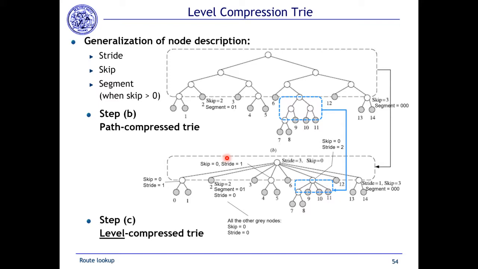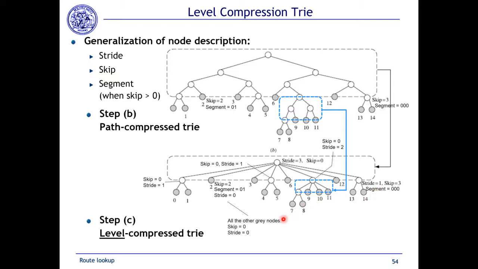Now we can generalize this indication of a skip, stride, and segment to all the nodes. When we just have the multibit compression, we will have a certain stride and skip equal to 0. When we have instead a path compression, like in this case, stride equal to 1 but skip equal to 3, and of course we have to put also the segment.